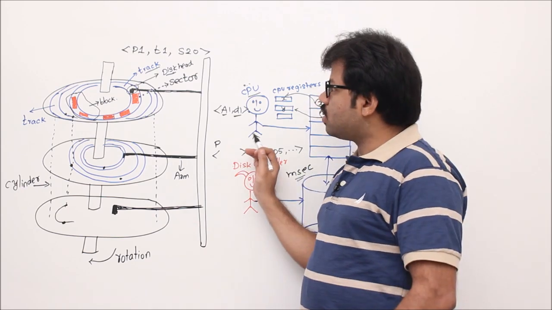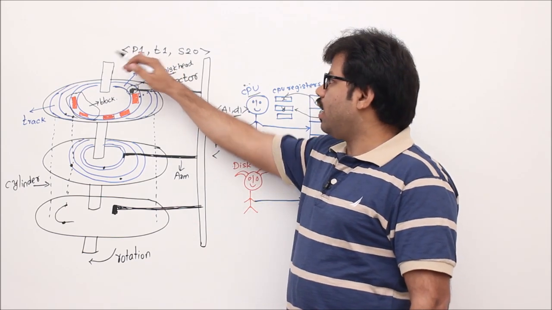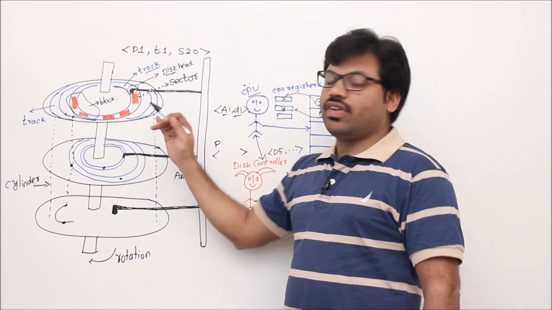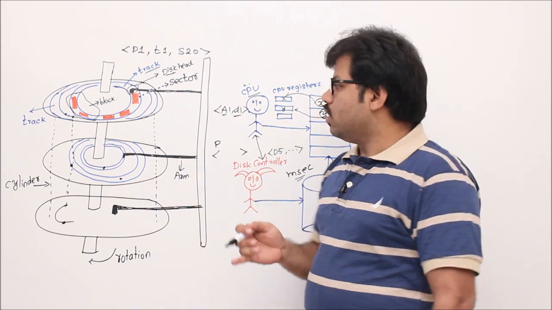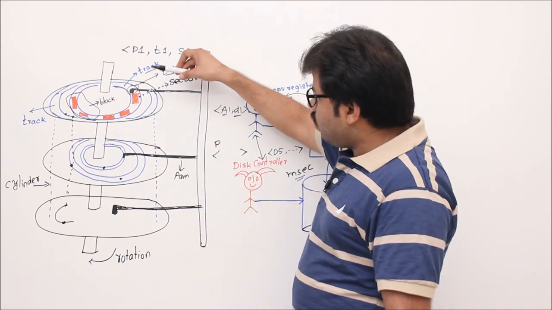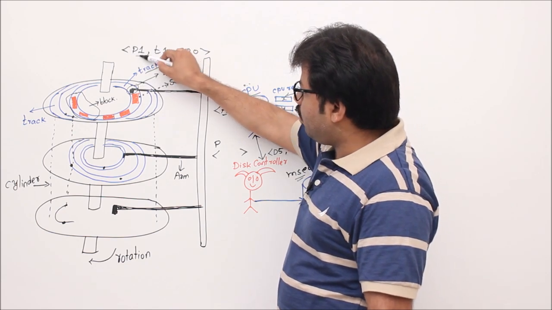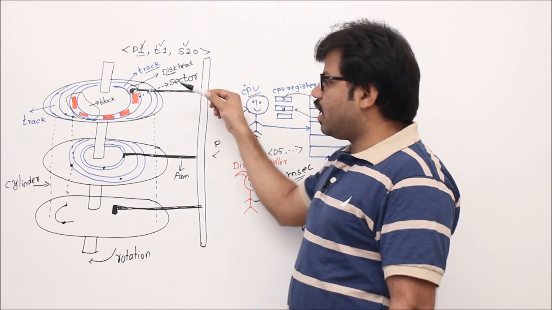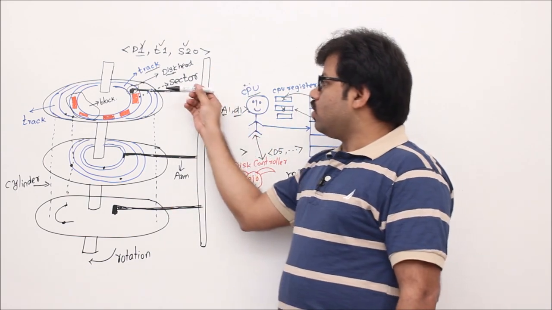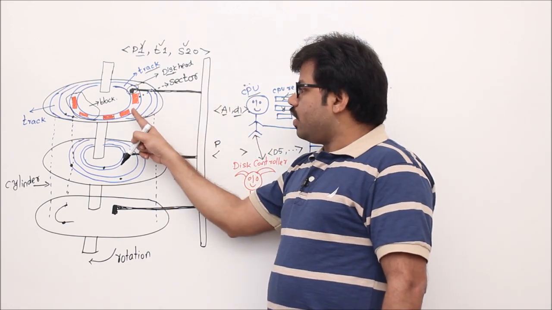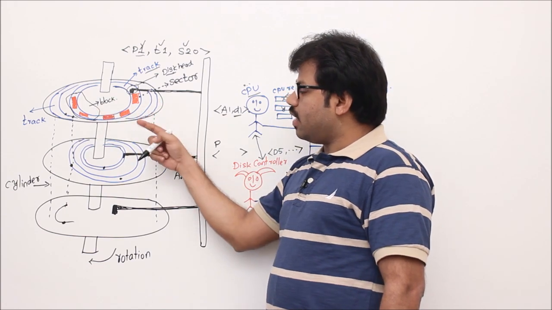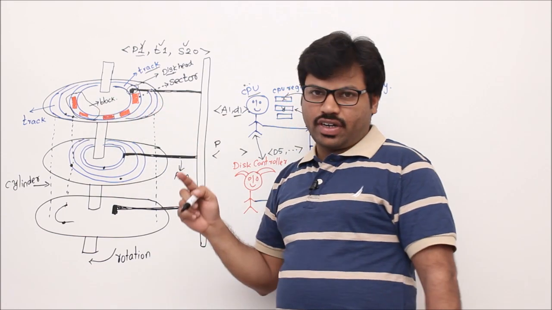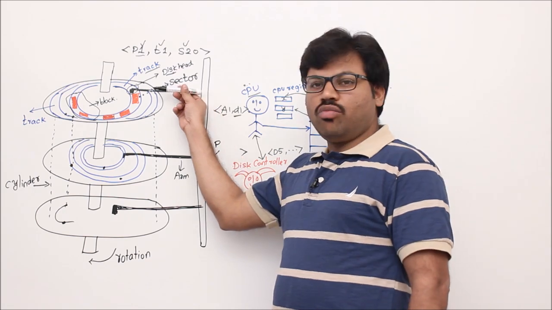And your disk controller, somehow it will go to that plate and track and sector and write the data. So first of all, how the correct plate, correct track, and correct sector will be identified, I will tell you. Actually this plate is generally rotatable, that means it can be rotated, and your IO head is also movable.